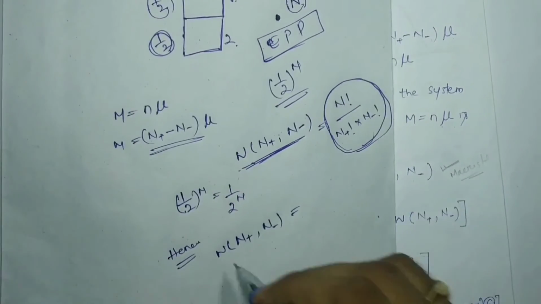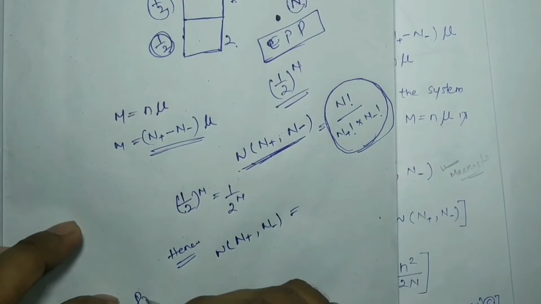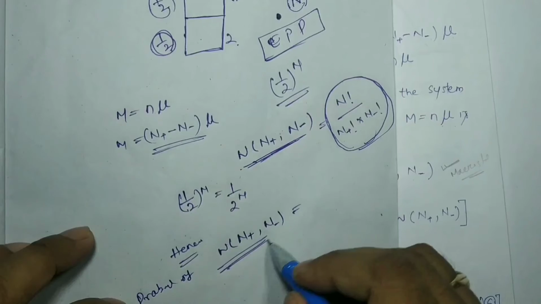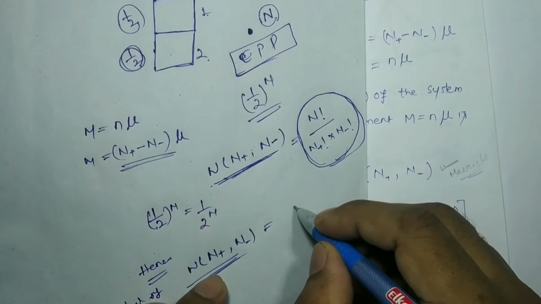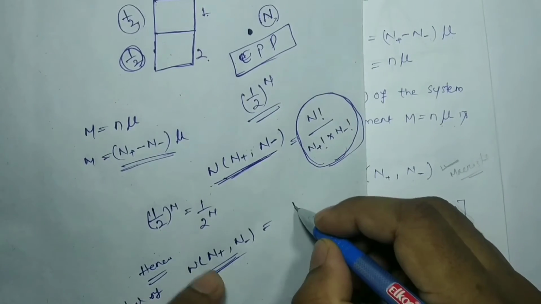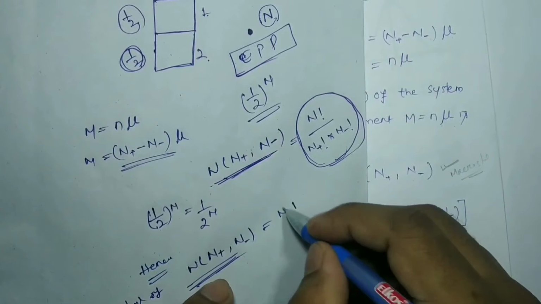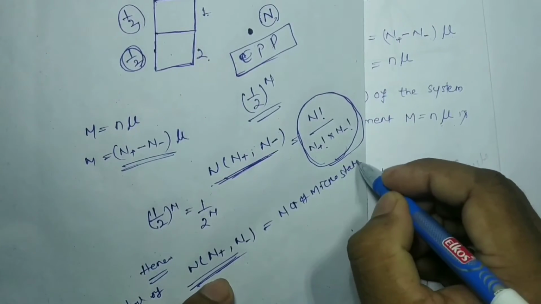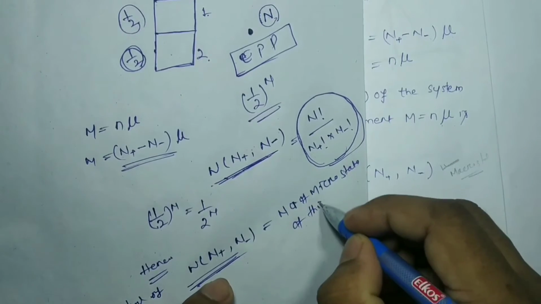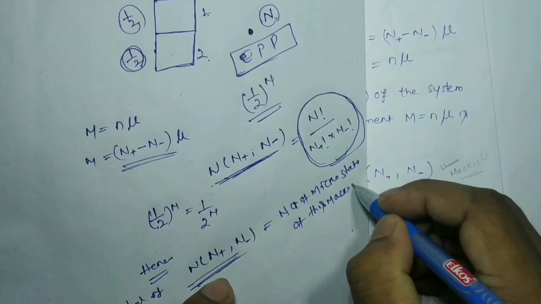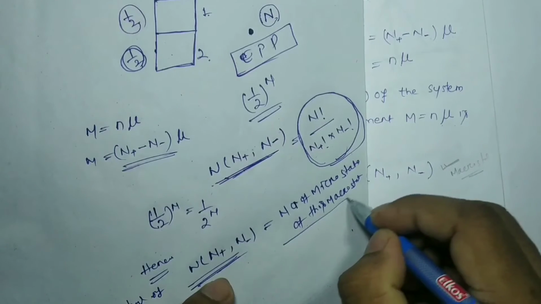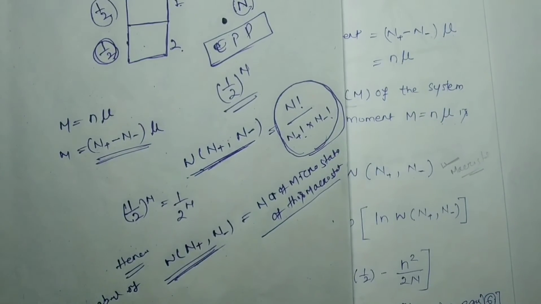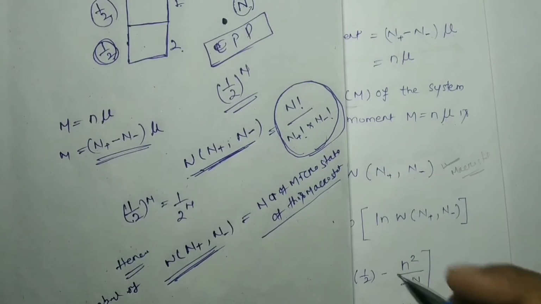It will be the number of microstates of this macro state divided by the total number of arrangements.